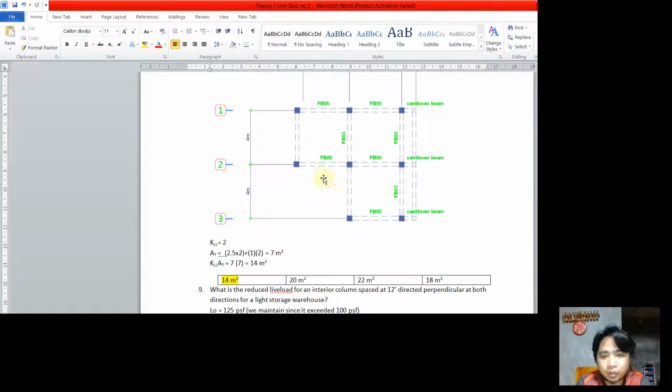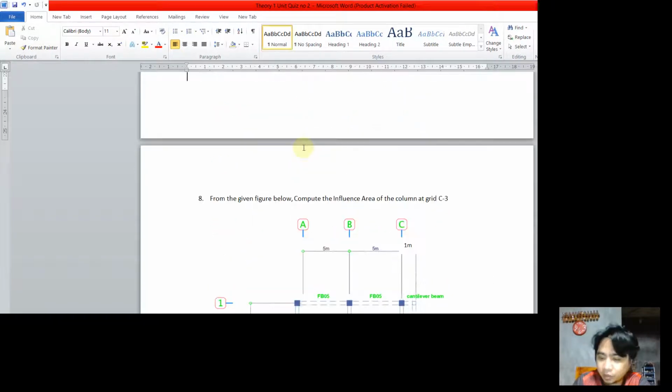So referring to the table of KLL, we should use 2 for this edge column carrying a cantilever beam. Okay. So the tributary area for this one is the half of this.